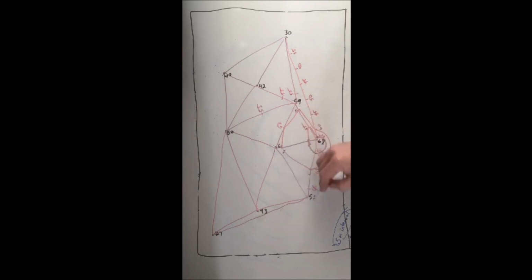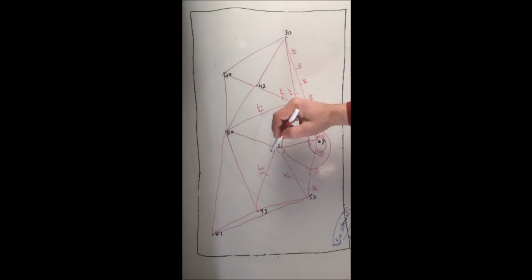Between the 61 and 52, yes, there's a 55. Between 61 and 43, yes, there's a 55. And look at this, between 61 and 50 is a 60 and a 55. 43 to 61, yep, there's a 60.